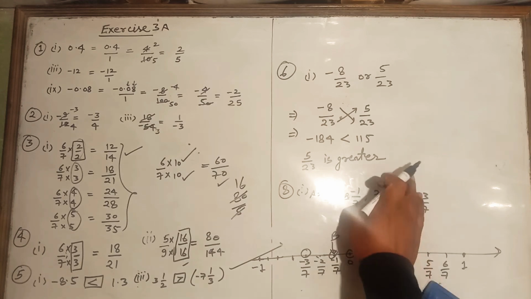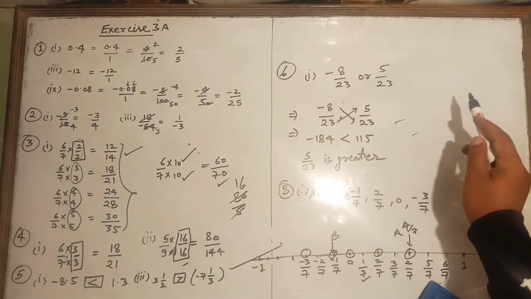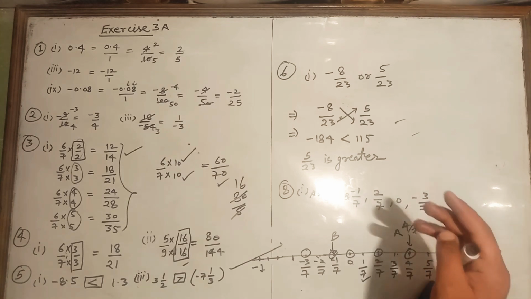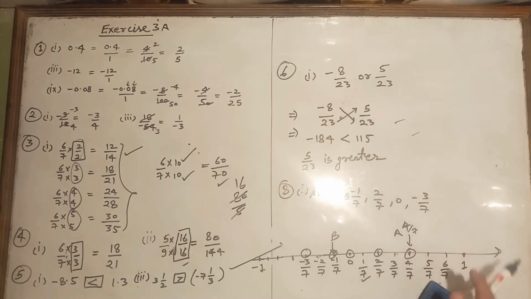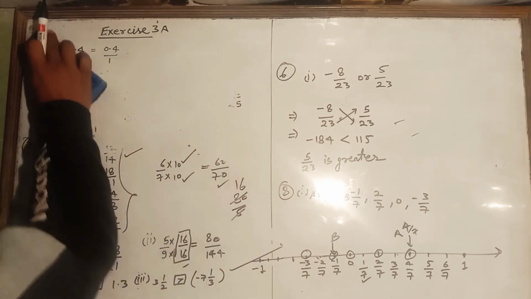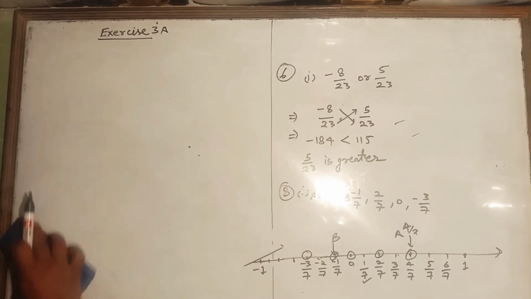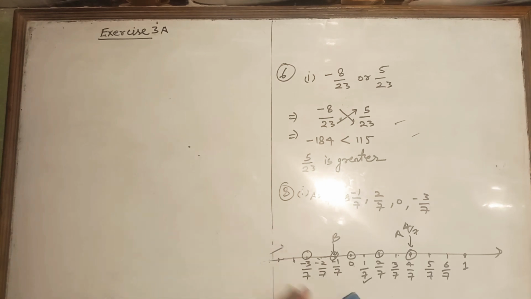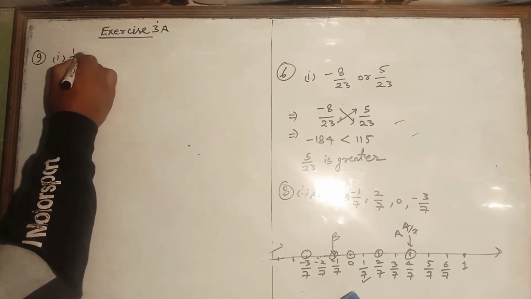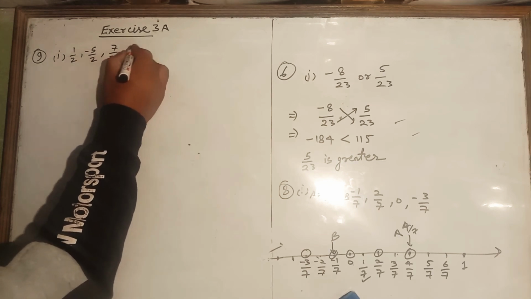The same way you will do as we have done for which number is greater in the 6th and 7th questions. First part of question number 9 is 1 by 2, minus 5 by 2, 7 by 2, and minus 2 by 2.